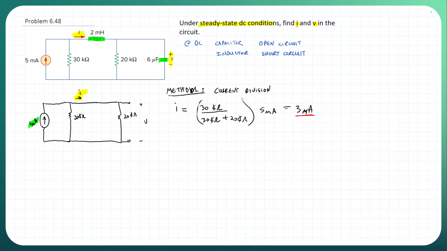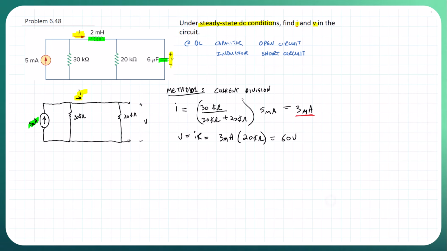Okay, then from there we can just use Ohm's law, say V equals IR. So we know that I is 3 milliamps, and this I is going through the 20 kilo ohm resistance, so 20 kilo ohms, and that's going to give us 60 volts.